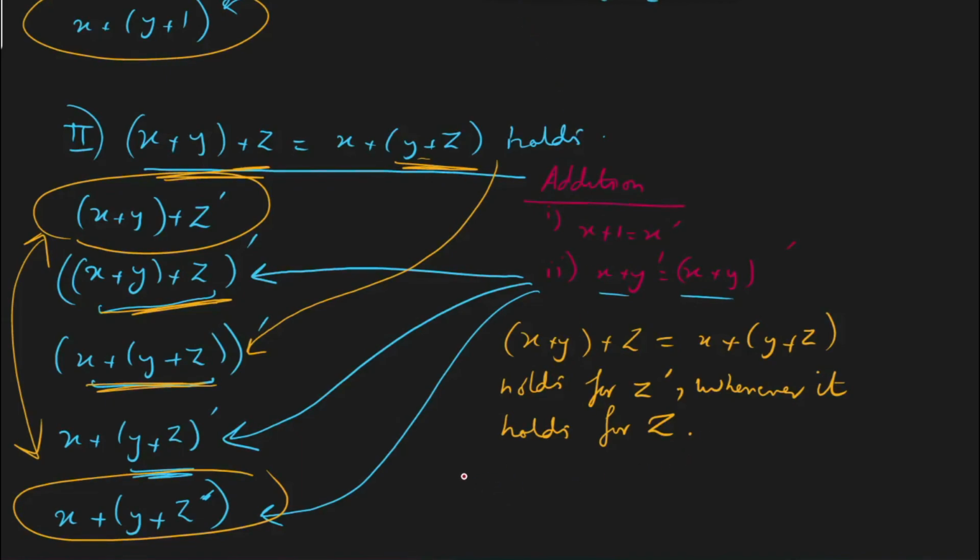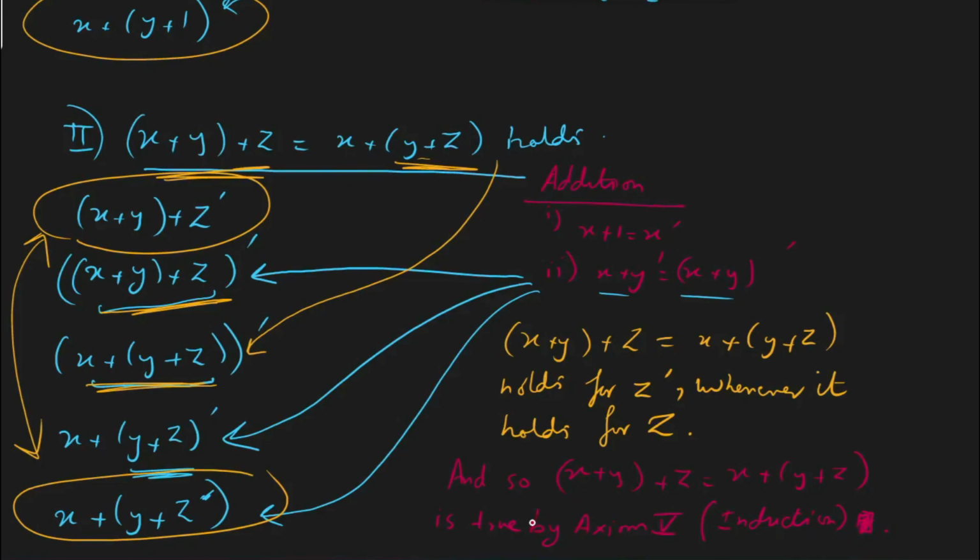And so x plus y enclosed within the parentheses plus z is equal to x plus y plus z enclosed within the parentheses is true by axiom 5. And what was our axiom 5? It was our axiom of induction. And so we have completed the proof, and we are going to make our box here, right?